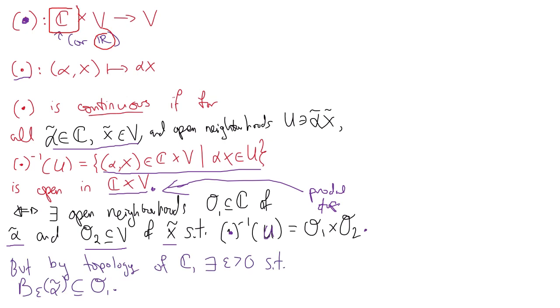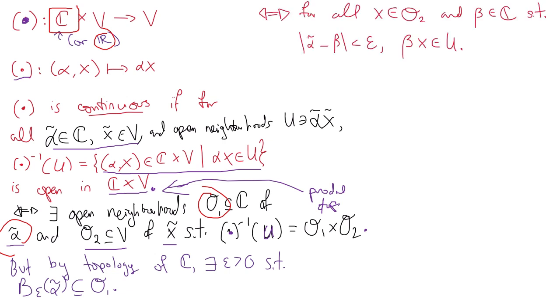So we know that alpha tilde is contained in O1, so there exists some positive epsilon such that the epsilon ball around alpha tilde is completely contained in O1. Therefore, for all x in O2 and all complex numbers or scalars beta such that the absolute value of alpha tilde minus beta is less than epsilon, beta times x is contained in U. Well, if alpha tilde minus beta is less than epsilon, that's the same thing as saying beta is in the epsilon neighborhood of alpha tilde, which means beta is contained in O1.